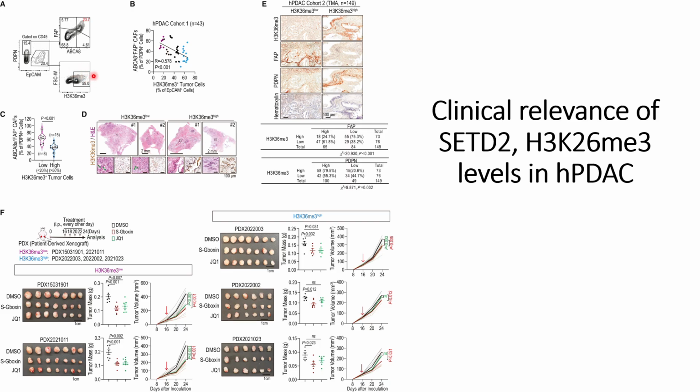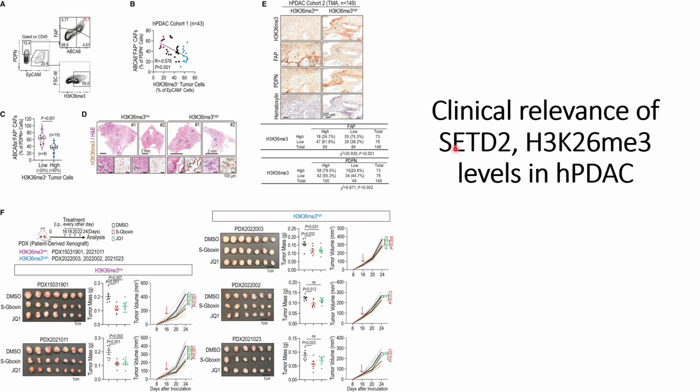And they did it for multiple patients, around 43 patients, and what they found is that there is a negative correlation between the lipid laden cancer fibroblasts and H3K36me3 plus tumor cells. And we know that these lipid laden regions are formed when there is SETD2 knockdown in the tumor cells.